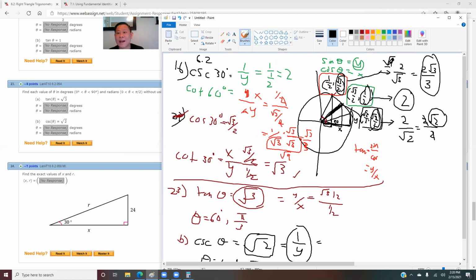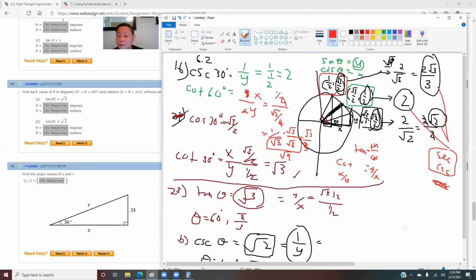This one is used for sine, cosine, and tangent. This is used for the flip ones: secant, cosecant, and cotangent. For cotangent you use this one also, because you just flip your y and x. This one is used when you have secant and cosecant.